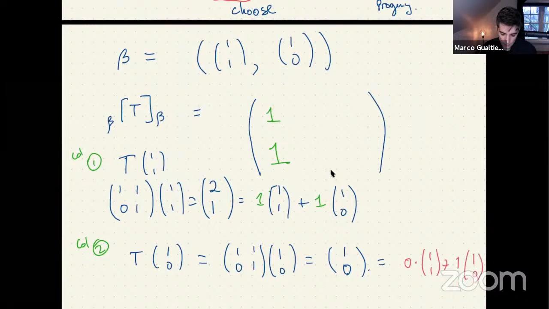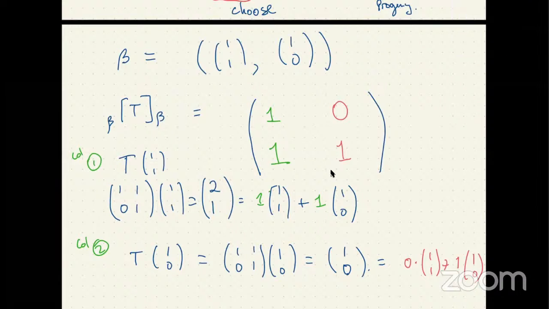So I see that I'm in Jordan canonical form. This is an example of taking a matrix which is not diagonalizable and putting it into Jordan canonical form. That's really cool. So we ended up with a lower triangular matrix.